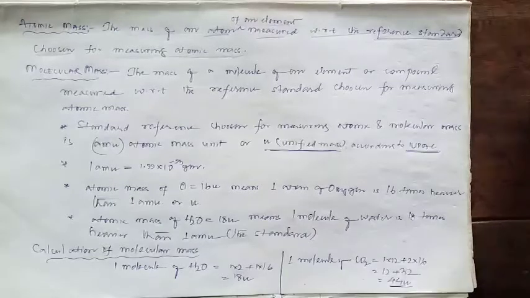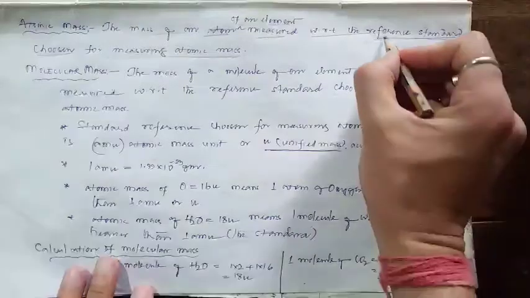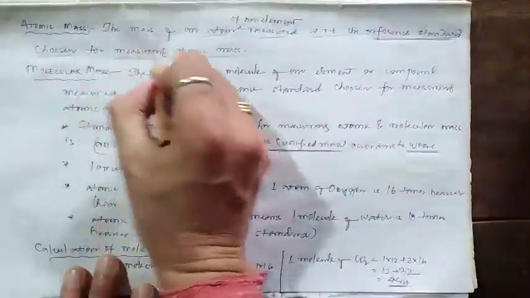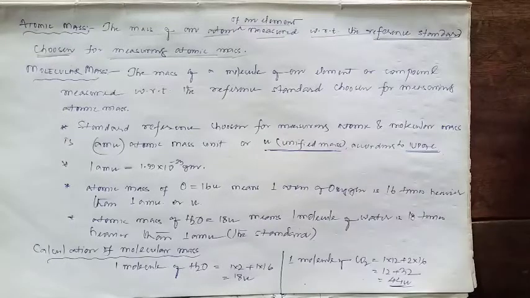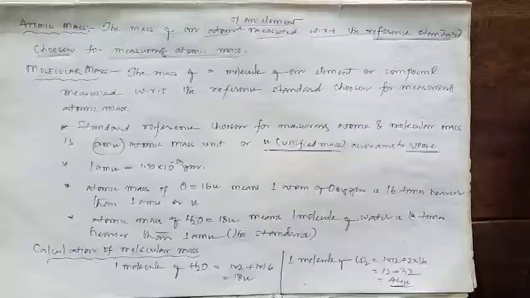Just like that, in chemical science also, to measure the smallest particles, atomic mass and molecular mass, we choose a standard. That's what we mean by reference standard. Like shopkeepers using that iron bar as a standard, 1 kg, 2 kg, 5 kg, 10 kg.